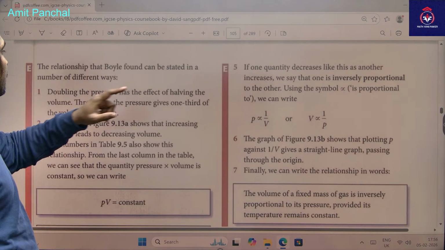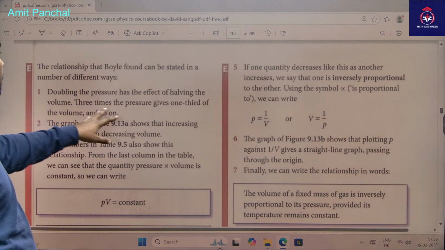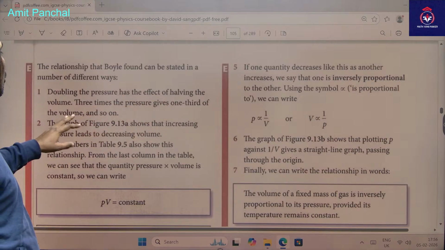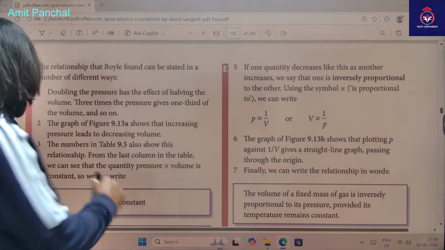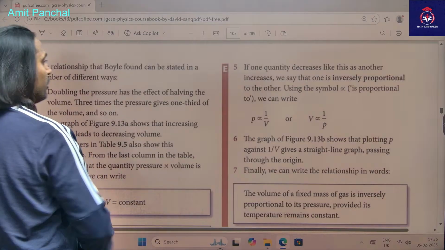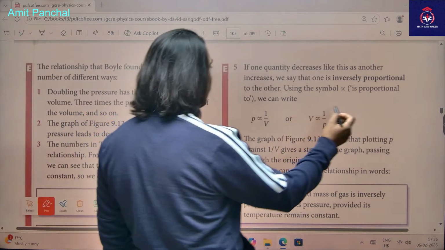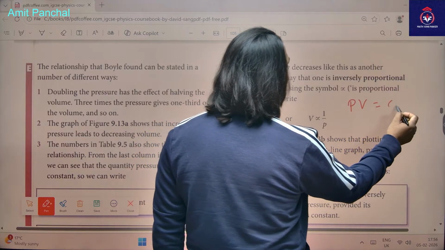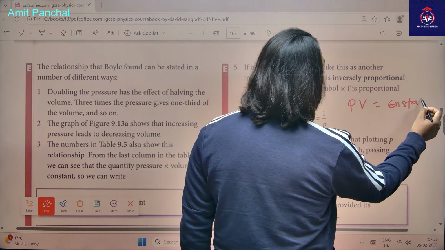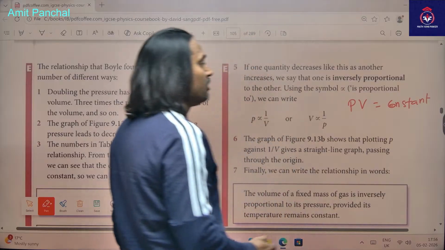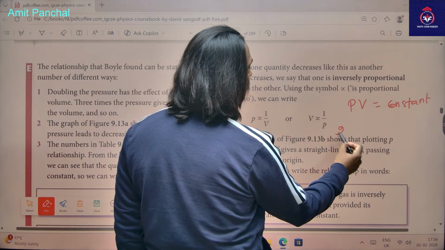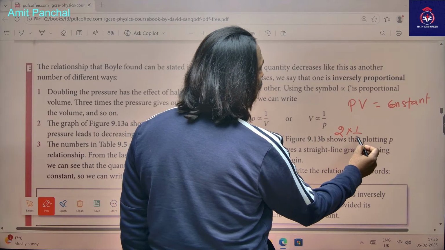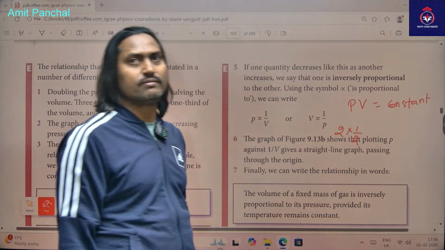So doubling the pressure has the effect of halving the volume. Three times the pressure gives 1/3 of the volume, because PV must be constant. So what happens if your pressure is doubled? The volume should be halved.